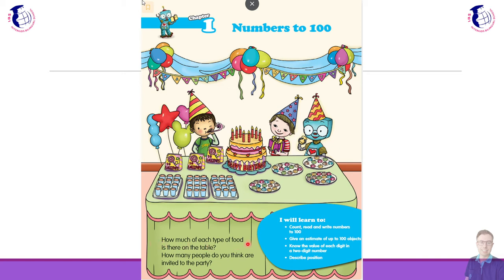How much of each type of food is there on the table? So, what can you see here? There's some lollipops, there's a cake, and some jelly tots. So, what you need to do for that is to count them all individually.